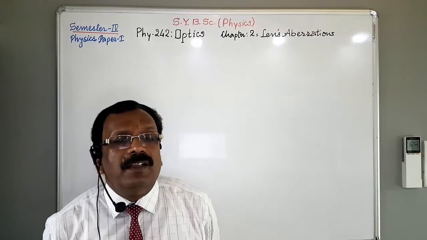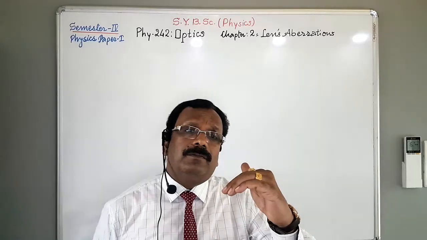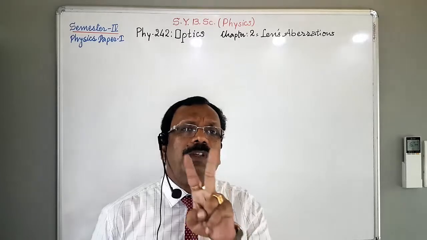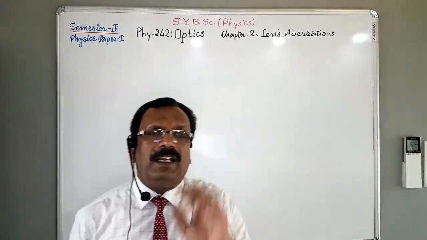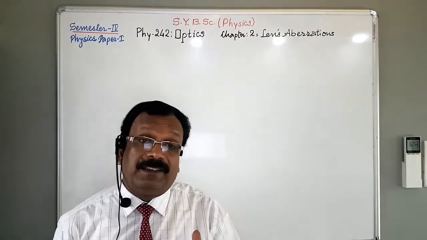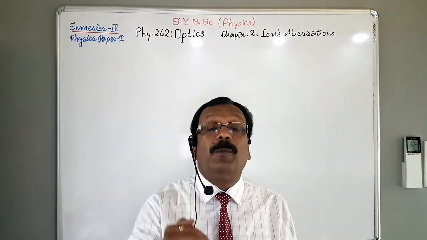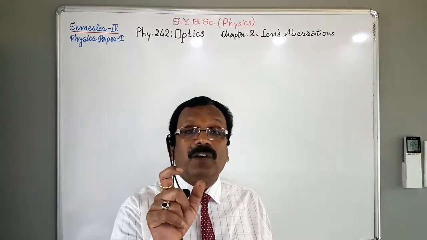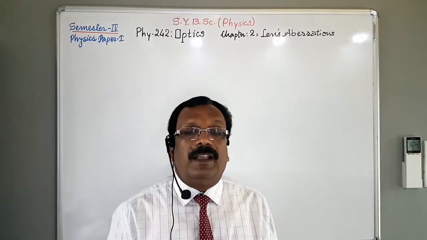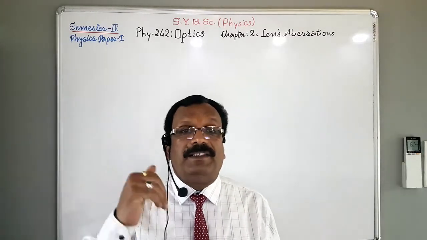So in spherical aberration, there are two images of a single point object, one at the focus of marginal rays and one at the focus of paraxial rays. Both images are on the axis, but in chromatic aberration, the image of a single point object is off the axis.